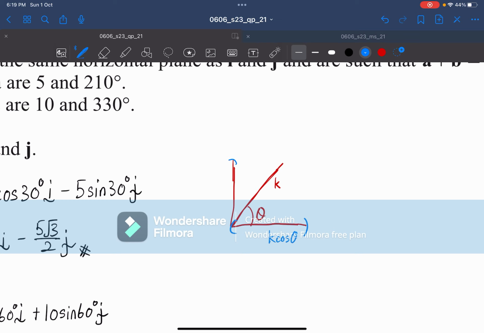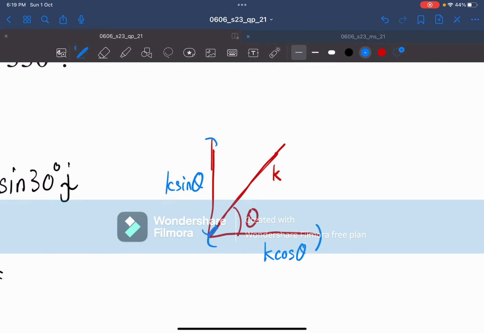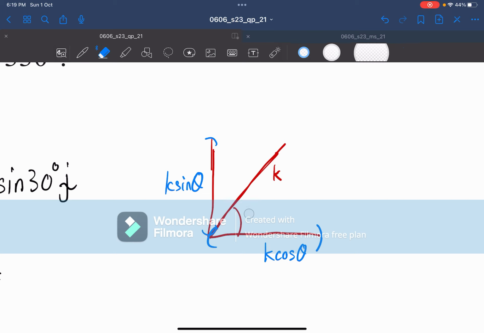And this vertical component is going to be k sine theta. And the way you resolve it is whatever the angle touches: if the angle touches this line, that means this line will be cos theta. And yeah, it's the other way around as well. If this is theta, then this will be cos theta, and this will be sine theta.